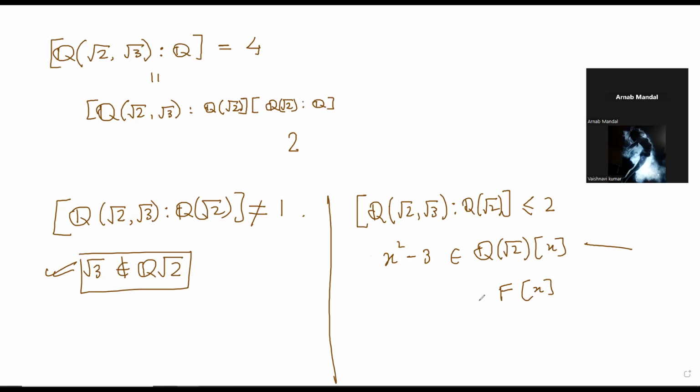Let's think. So you see this. You think of this thing as a polynomial, and you're looking at a polynomial in F[x], and you are asking whether it is irreducible or not. Now this F is the field of fractions of this ring, right?